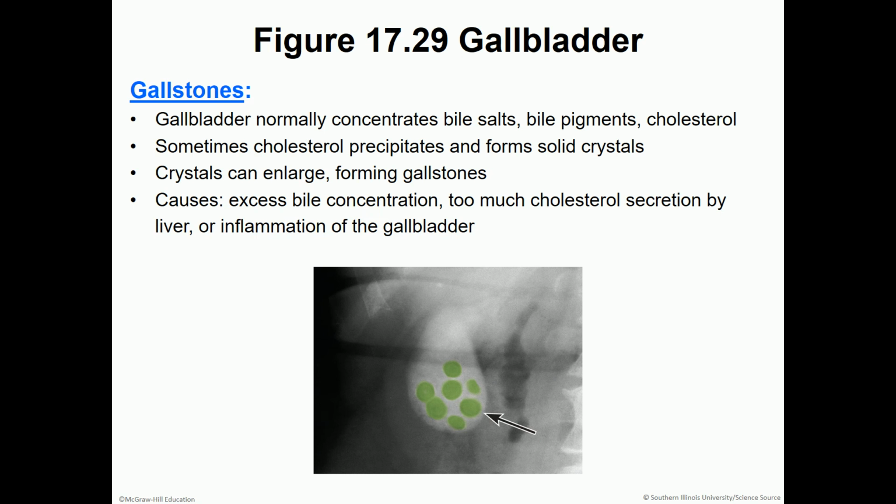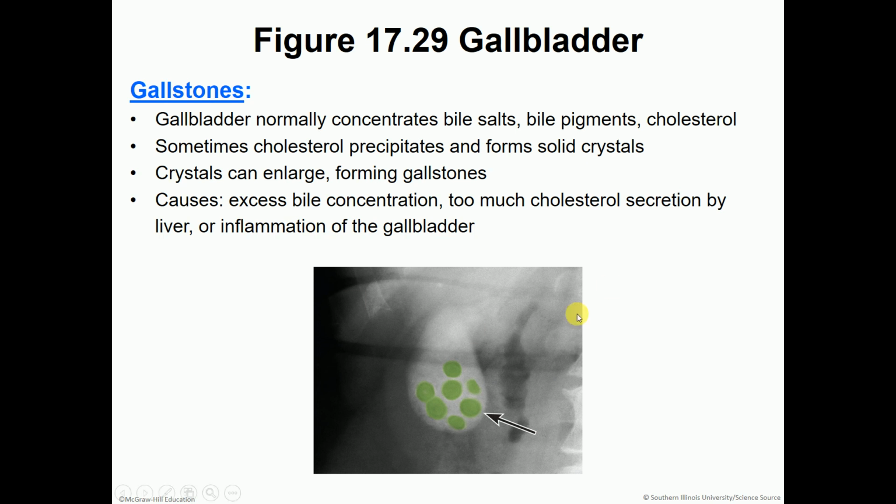And we'll talk about gallstones, which is a very common pathology. Well, we talked about how the gallbladder has to concentrate bile, and sometimes the gallbladder takes it a little bit to the extreme where too much concentration happens, and that'll start to precipitate different things like cholesterol or bile salts or these bile pigments.